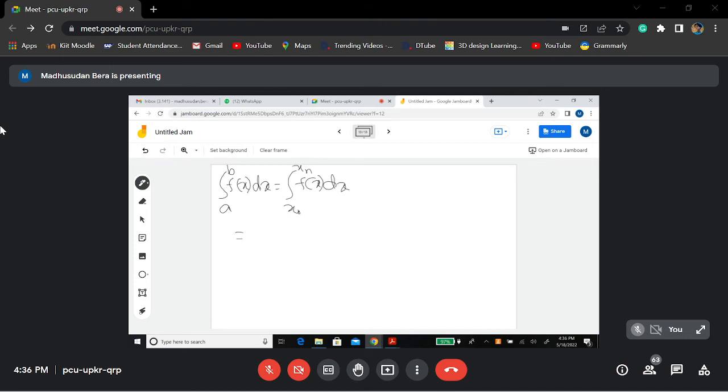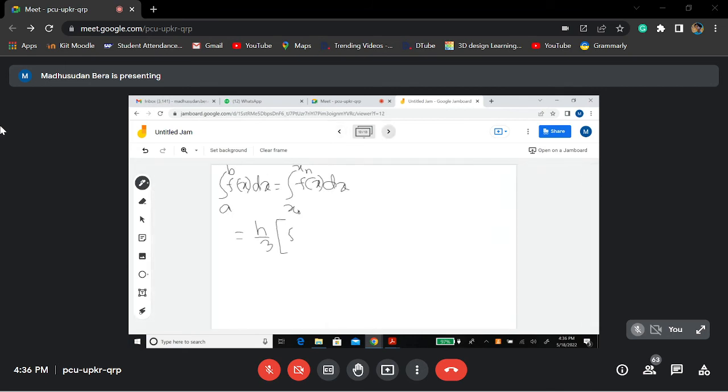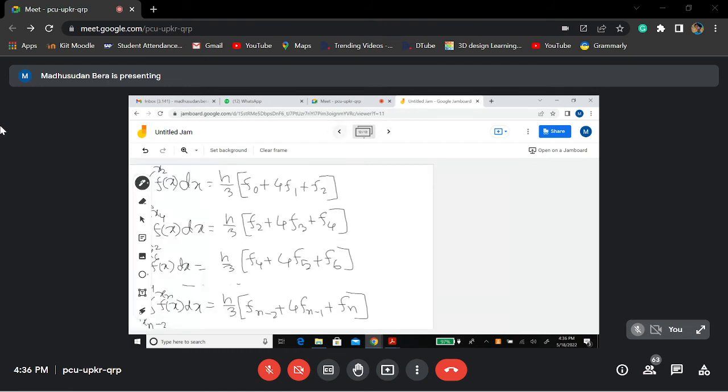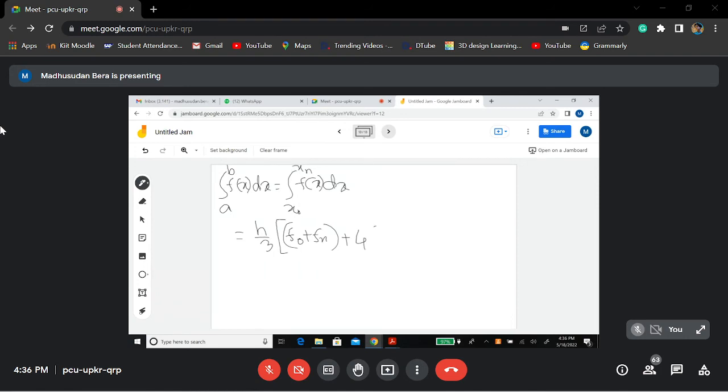If you see the formula, h by 3 times: f0 and fn occur only once, so f0 plus fn, plus, f1, f3, f5, the odd indices, occur 4 times, so 4 times f1 plus f3 plus f5 up to fn minus 1.